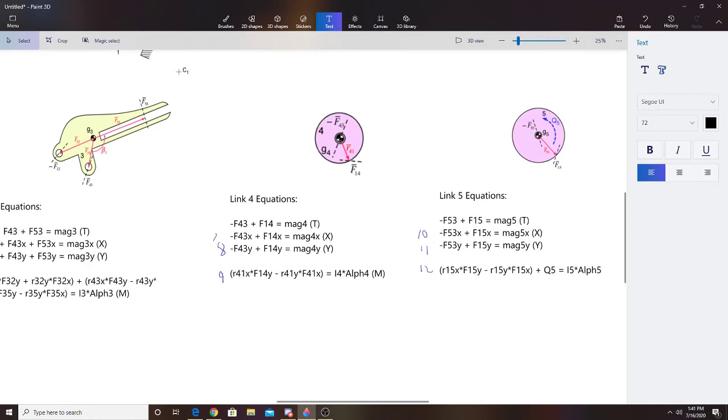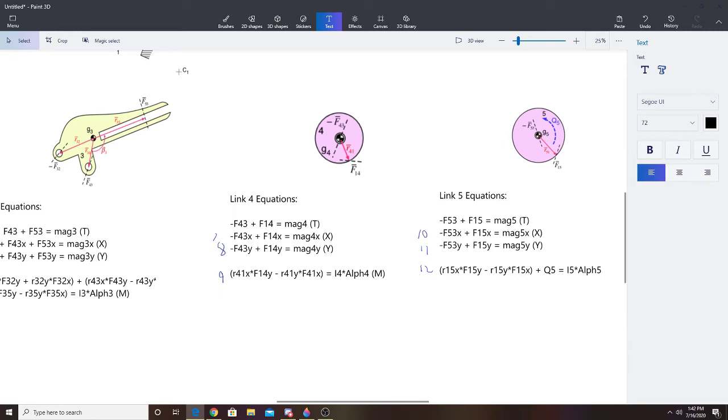So this is what we got, right? So we got all of these. So let me make sure that I'm on the right track. F15, F35.